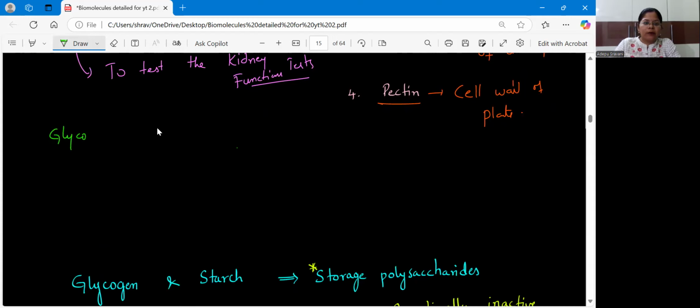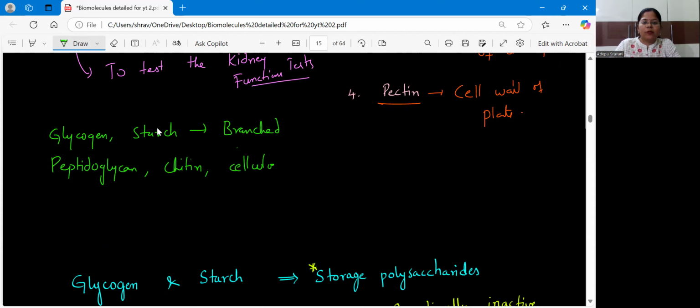So glycogen, starch are the branched polysaccharides, whereas peptidoglycan, chitin, cellulose are unbranched. Only these points are mentioned. So based on this, I am telling you the trick.